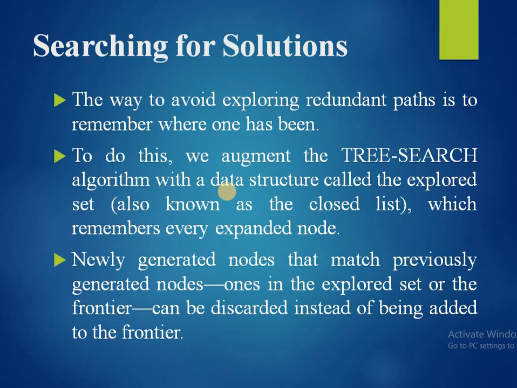The way to avoid exploring redundant paths is to remember where one has been. To do this, we augment the tree search algorithm with a data structure called the explored set, also known as the closed list, which remembers every expanded node.